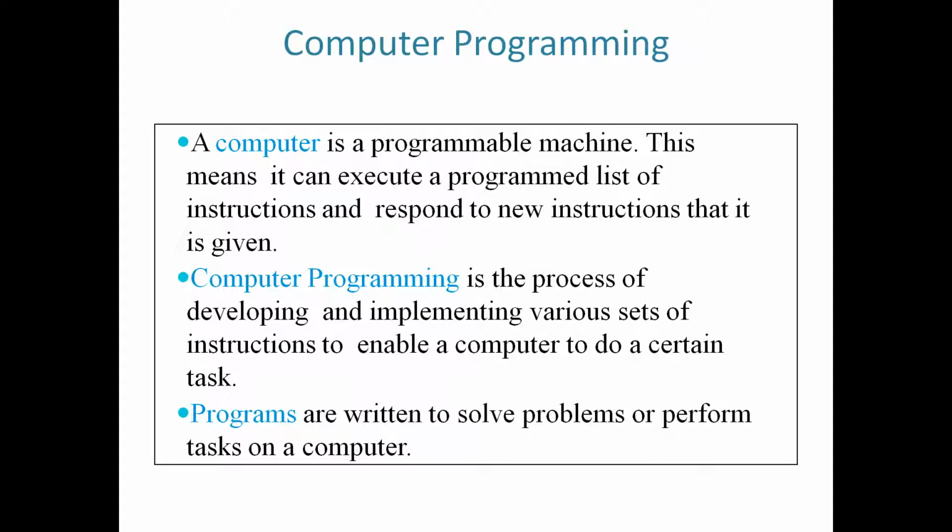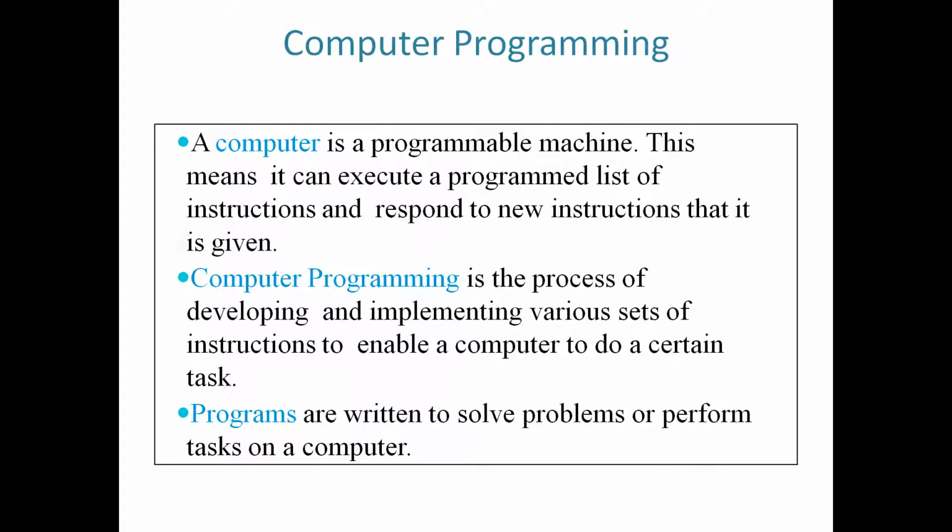First of all, a computer is a programmable machine. This means that it can execute a programmed list of instructions and respond to new instructions that it is given. We have discussed in our previous lectures on software and software types that a computer performs only on the basis of the instructions provided to it.